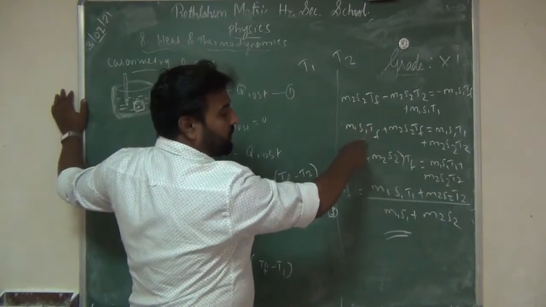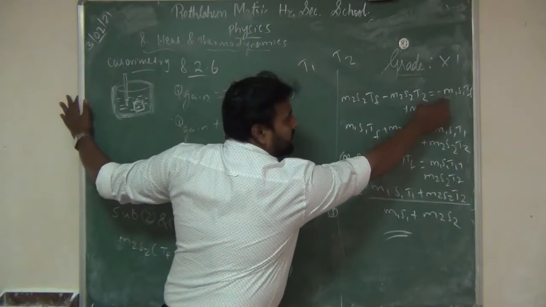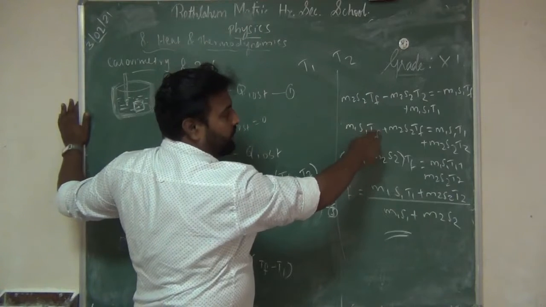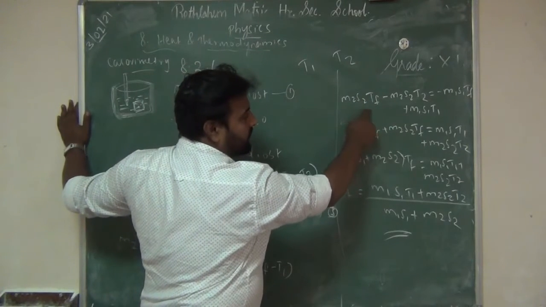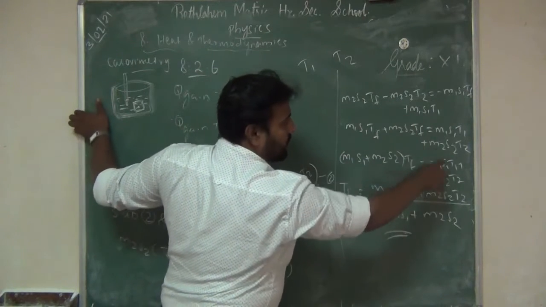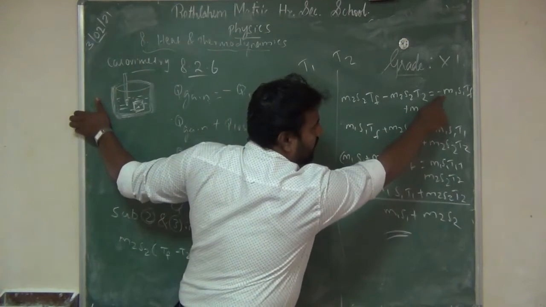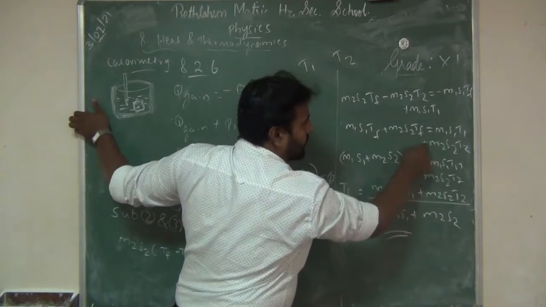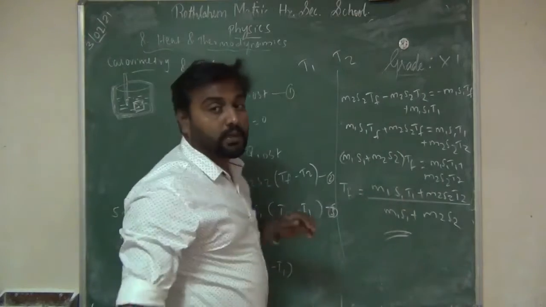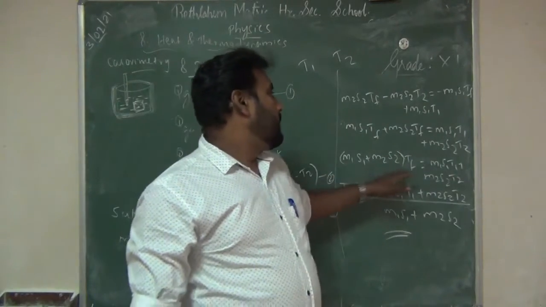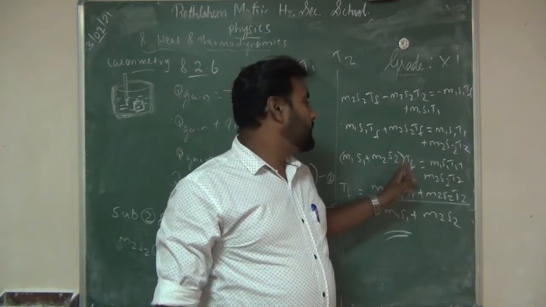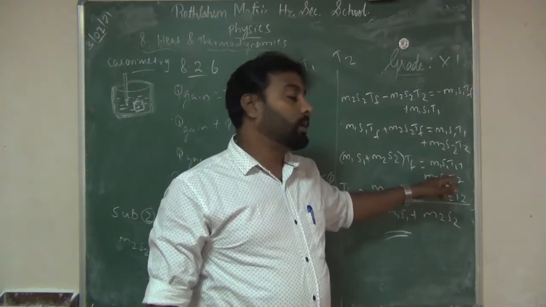Now take the Tf term to one side, so minus M1 S1 Tf when it comes to this side becomes plus M1 S1 Tf, then plus M2 S2 Tf is equal to M1 S1 T1, and this minus M2 S2 T2 going that side becomes plus M2 S2 T2. Now take this Tf commonly outside, so M1 S1 plus M2 S2 into Tf is equal to M1 S1 T1 plus M2 S2 T2.